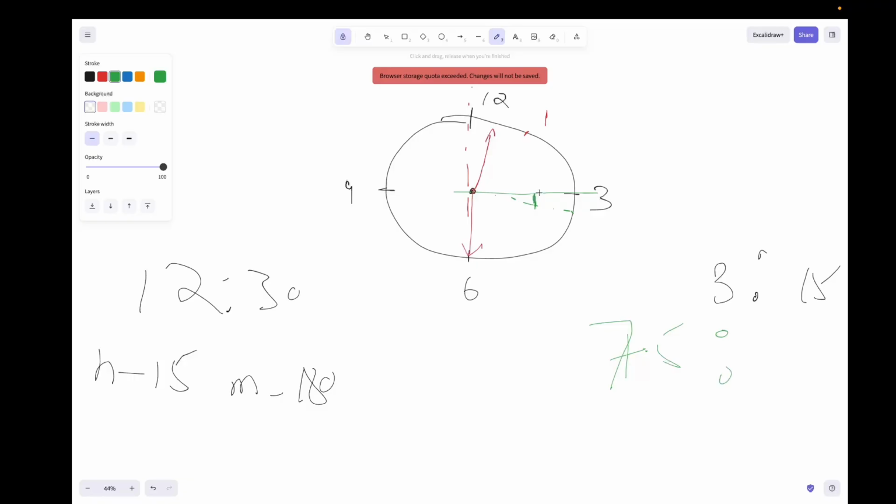And the minute hand is at 6 times 5, so the minute hand is at 90 degrees, right? So we are at 90 plus 7.5, that is the whole, but 90 degrees is for the minute hand, and 7.5.